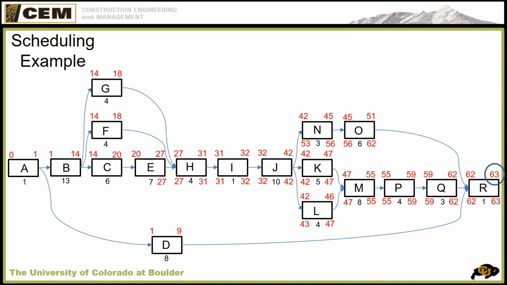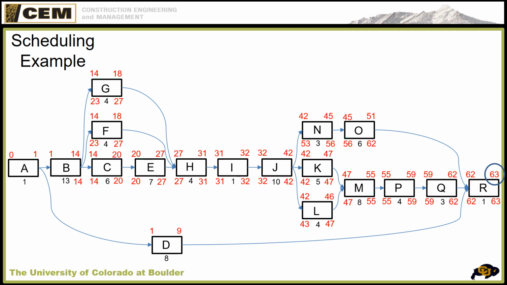Okay, 27 gets pulled through, 20, 20, 14. Now let's move up. 27 gets pulled through. That's the lowest number, right? Well, it's the only number, 27 from H. 23, 27, 23.